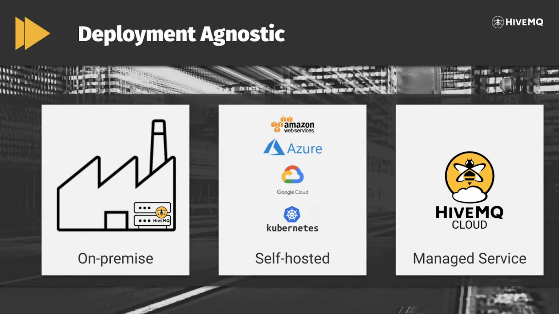And a managed service is in some cases maybe the better way to go. So you need a solution where you can decide where you want to deploy it, and you can even change your deployment way. Start with on-premise and see, okay, maybe cloud is the better way, and maybe then I go to a managed service or stay with Kubernetes on the cloud, etc. So being deployment agnostic is really a thing to think about in deciding which way to go in operating an MQTT broker.